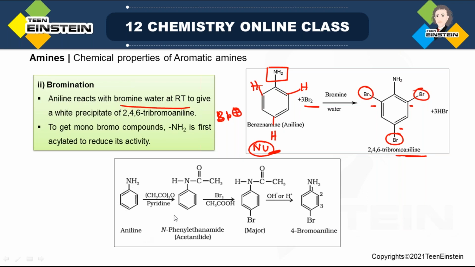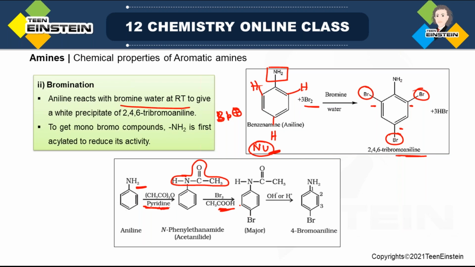We take aniline, and in presence of acetic acid and pyridine we get the group NHCOCH3. One of the H is replaced by COCH3, and the byproduct is actually acetic acid. That is why pyridine is used, because pyridine will consume the side product. As a result, the equilibrium will be shifted from left to right, and then we use bromine in acetic acid.